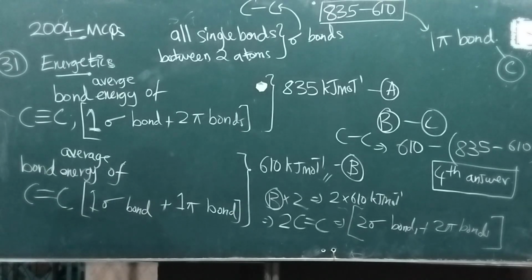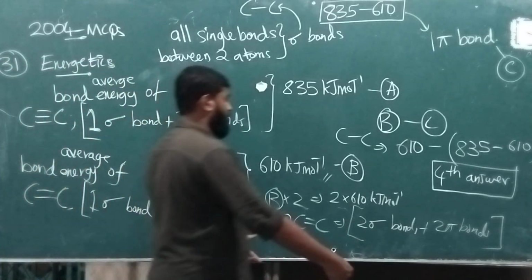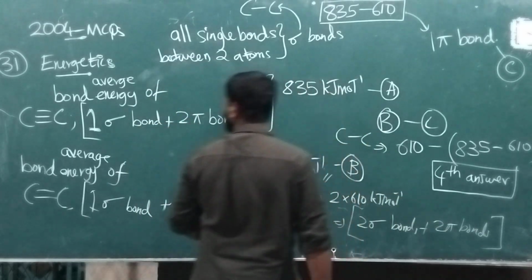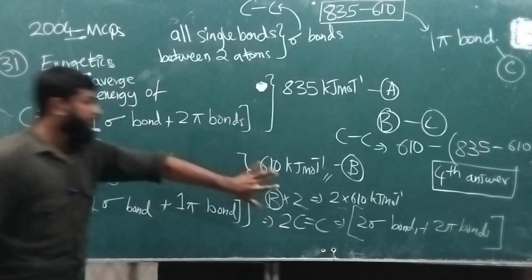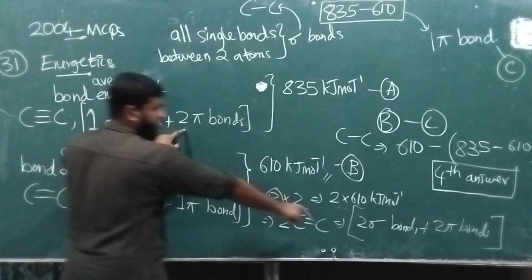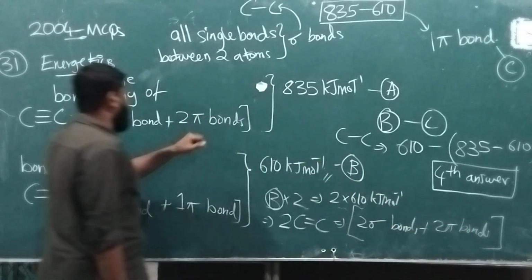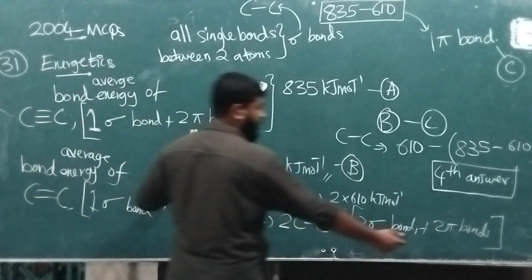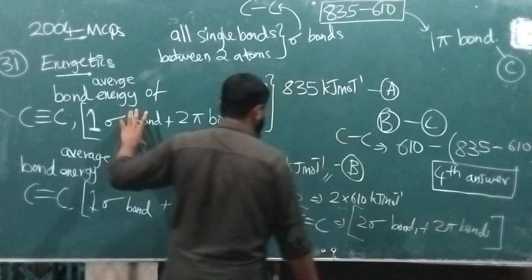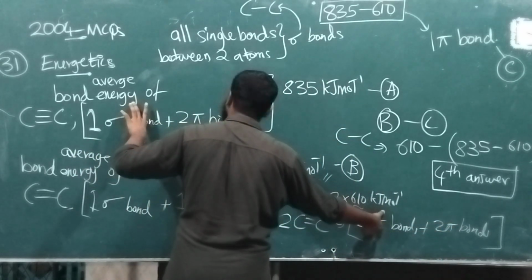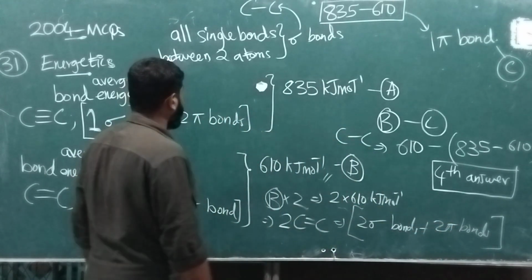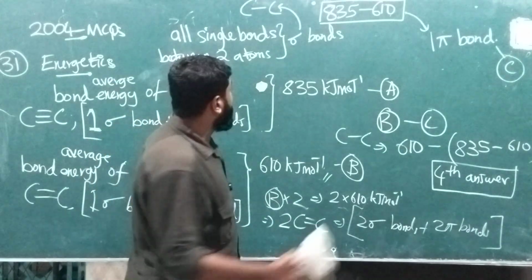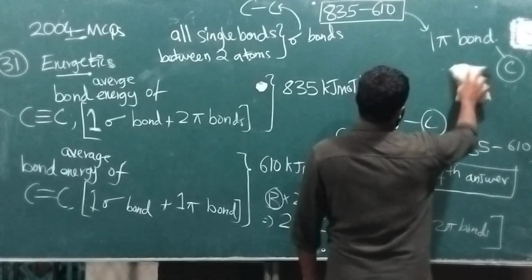What can you do? You can subtract this energy from here. The pi bonds will be cancelled out, and what will remain is a single bond. So what is the answer?